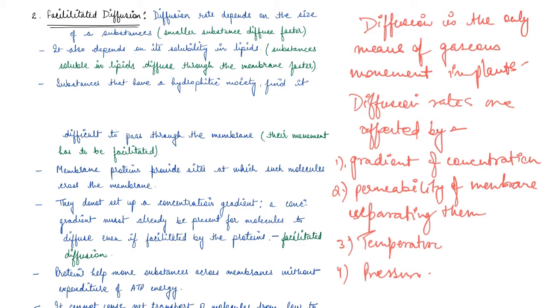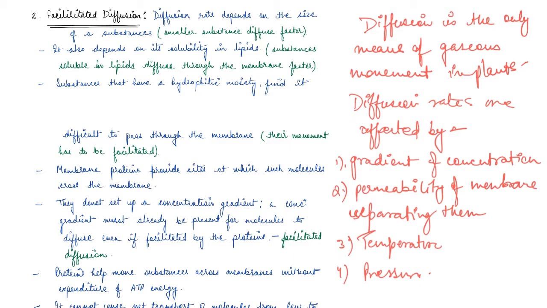In some cases where the molecules have a hydrophilic moiety, they need assistance for their movement across the membrane, and this process is known as facilitated diffusion. In facilitated diffusion, there are special proteins which help the substance move across the membrane.